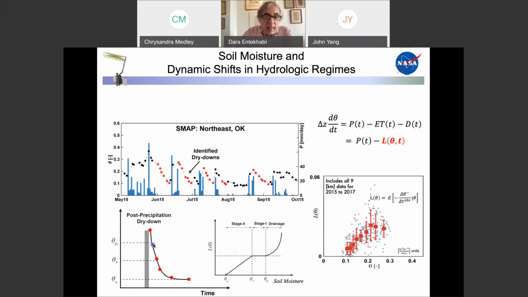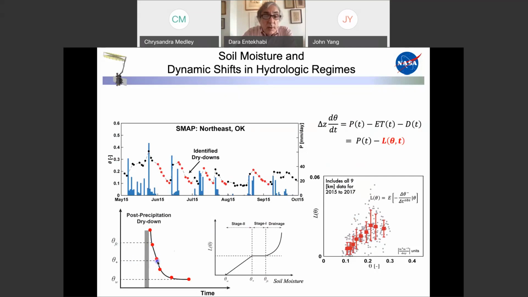When the soil is still adequately wet, the evaporation is energy limited, like we saw before. So the evaporation rate is a constant. It's equal to the available energy or potential evaporation. So the rate of dry down is linear until you hit a threshold in which you switch yet to another hydrologic regime, which is the water limited regime.